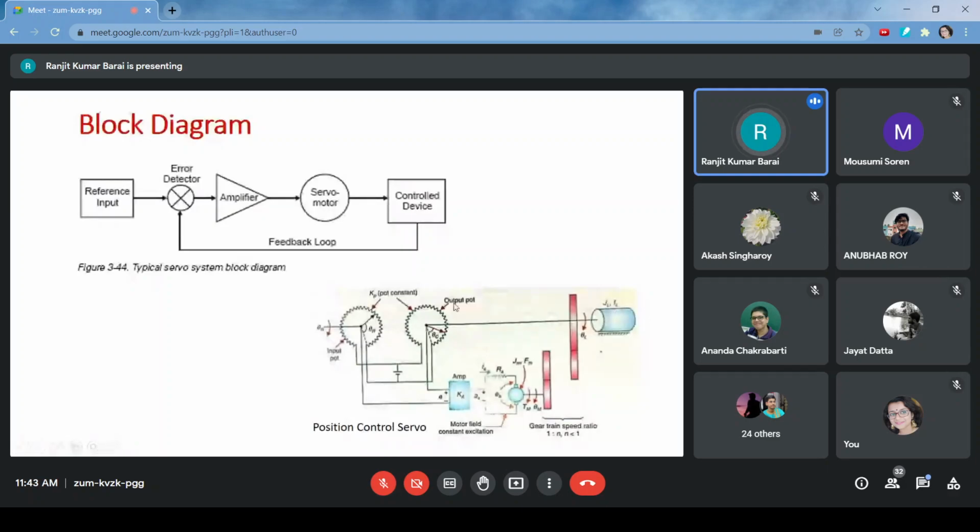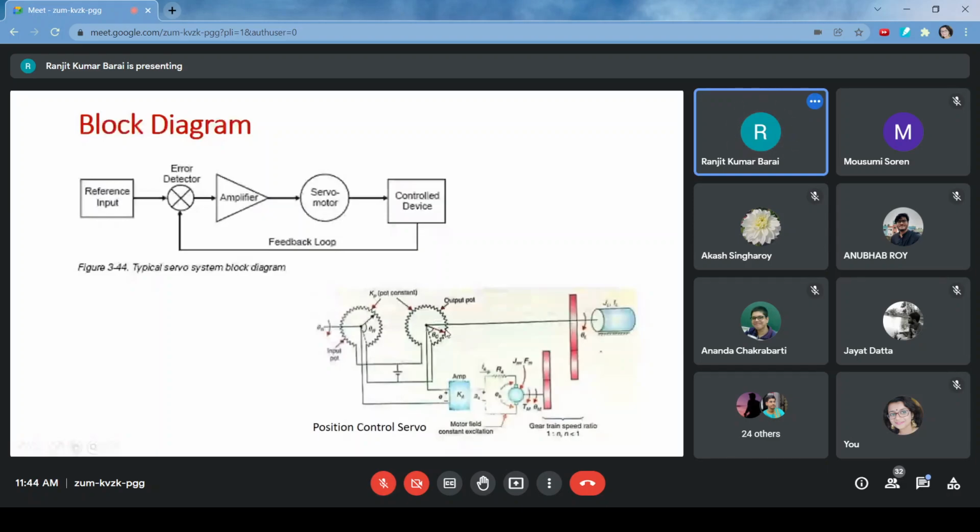What will happen? The angle of this motor will be sensed. Now, if the input potentiometer angle setting and output port angle becomes same, what will happen? The error generated will be 0.